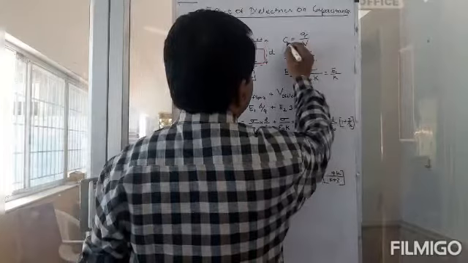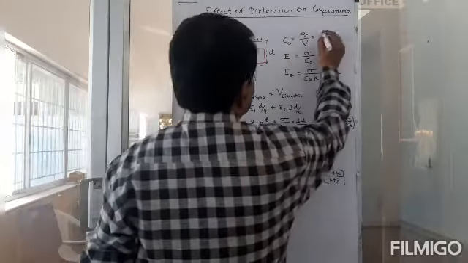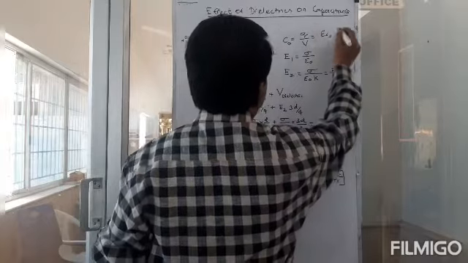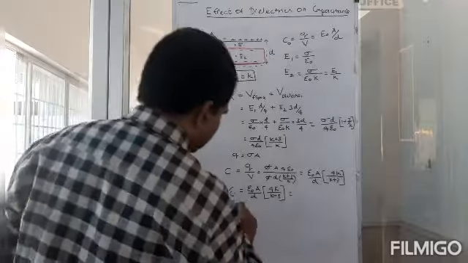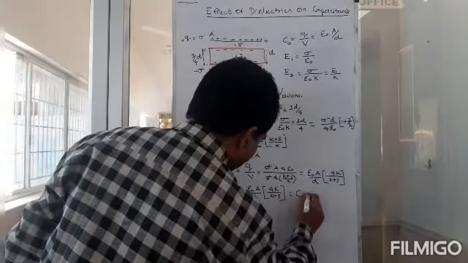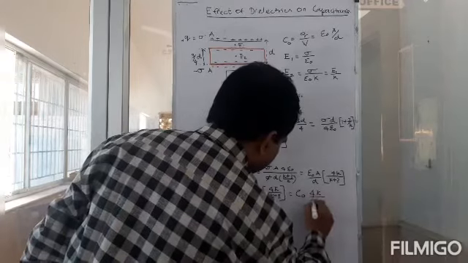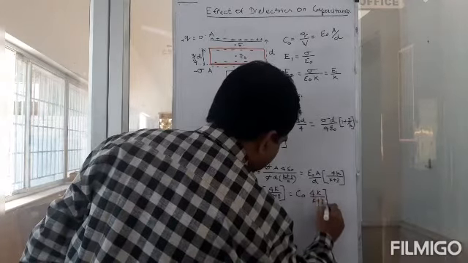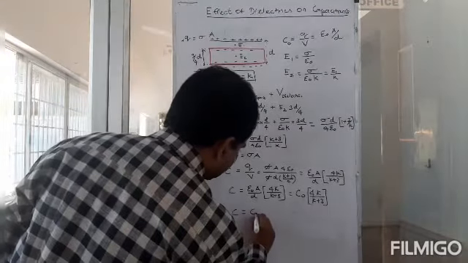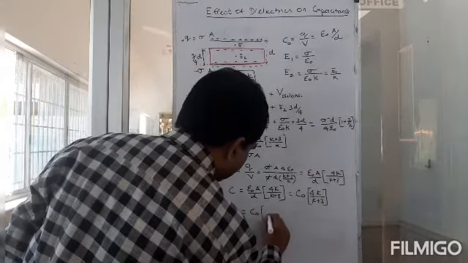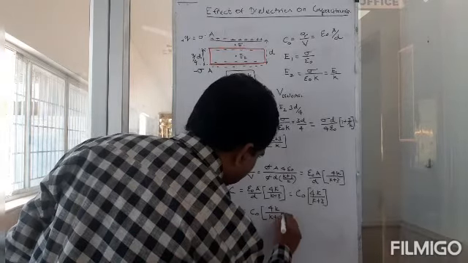So I can write this as C naught into 4k by k plus 3. So C is equal to C naught into 4k by k plus 3.